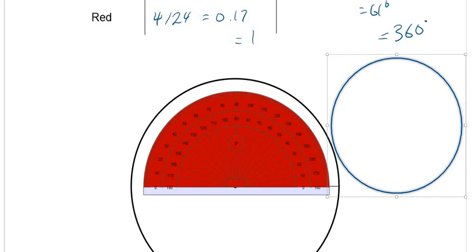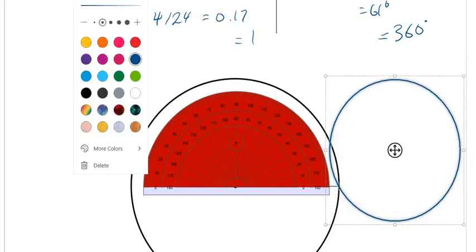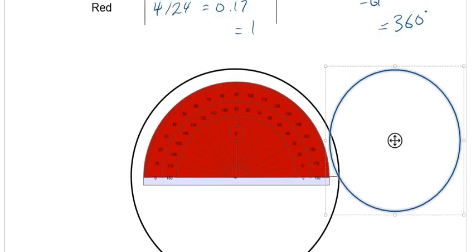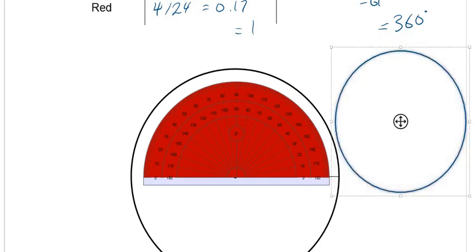And you're going to just draw out. You're going to start with a line, usually up at the top, right down to the center.